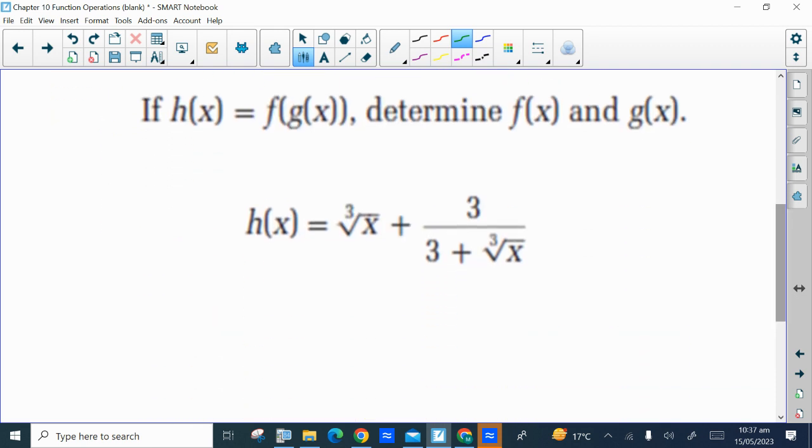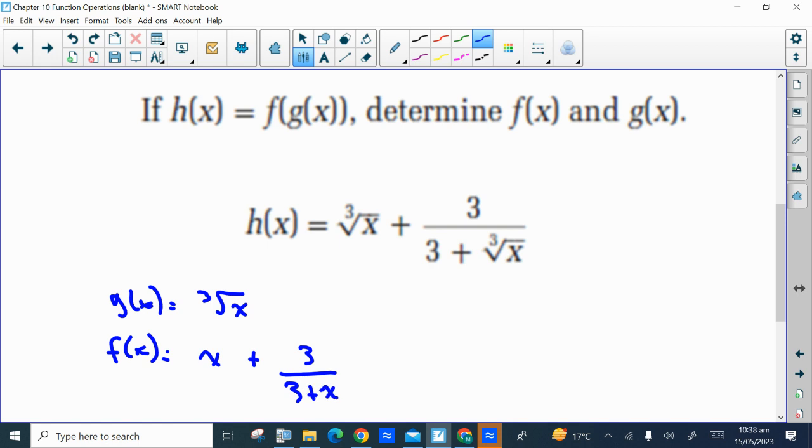Another one where we need to determine f and g. If we look at what h is, we see that the cube root of x, there are two terms that have that in it. So if g is embedded into f, we could say that g at x is the cube root of x. And then f would have to be x plus 3 over 3 plus x.